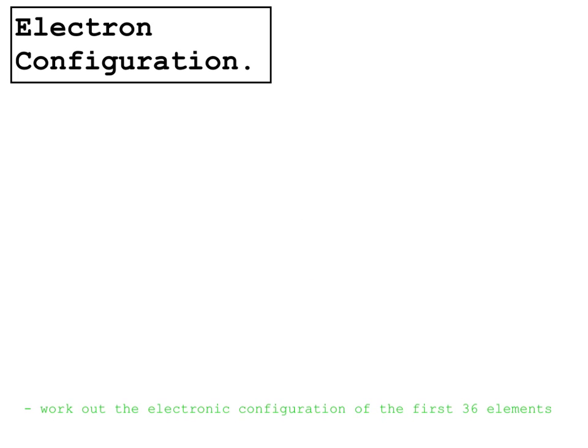Before we can work out the electronic configuration of any element, we have to have a base knowledge of how many of each orbital there is in each shell. In the first shell there is just an s orbital, and we call that the 1s, with the 1 standing for the number of the shell, and the s standing for the orbital. In the second shell, there is 1 s orbital, which we label a 2s because it's in the second shell, and there are 3 p orbitals, which we call the 2p.